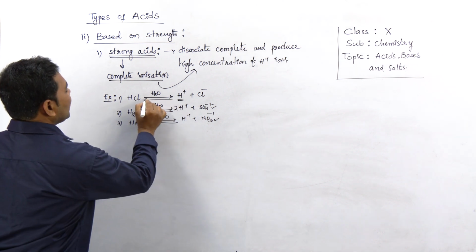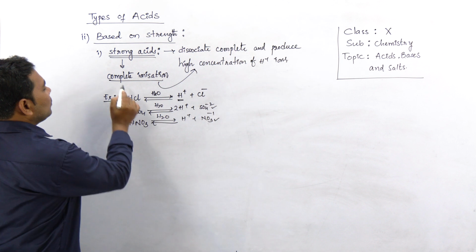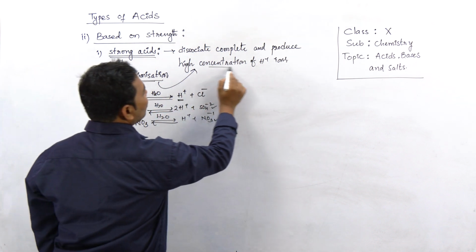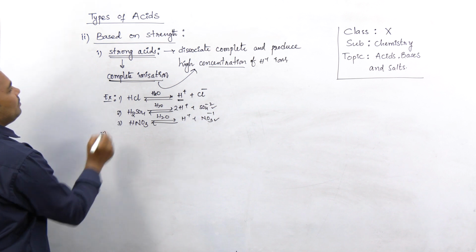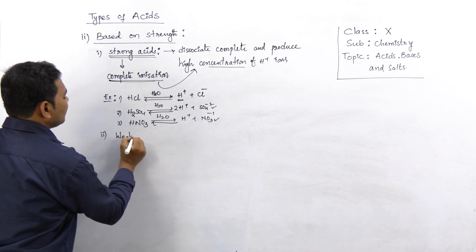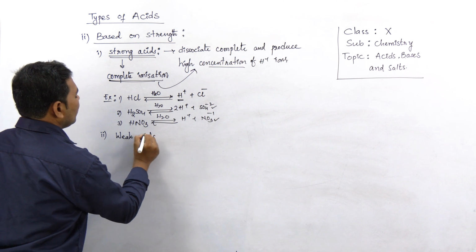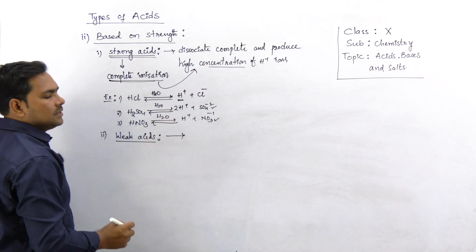Okay, in reverse we can imagine, right? Now these are the strong acids. They undergo complete ionization and produce a high concentration of H+ ions. Number 2, the second type in this category is weak acids. This is opposite to strong acids, right?